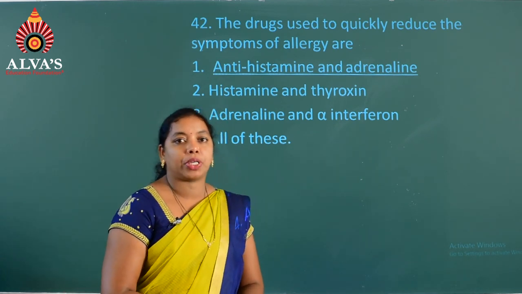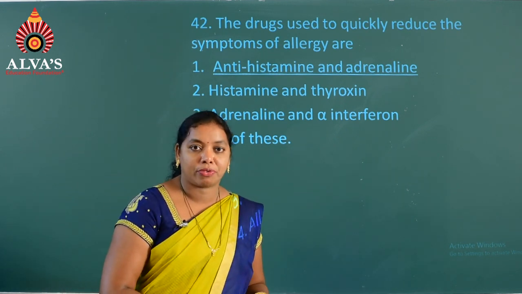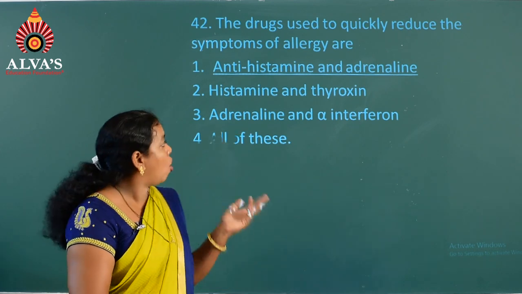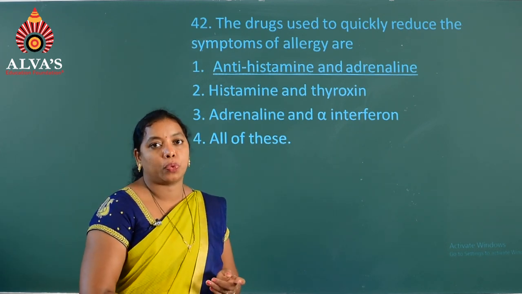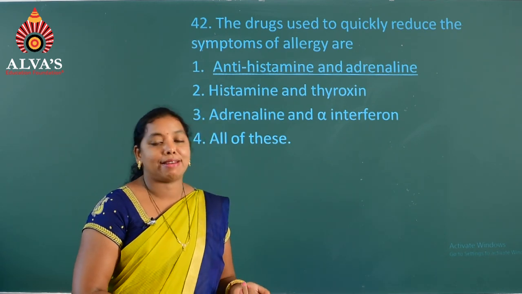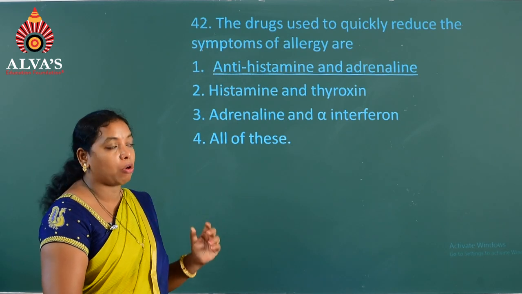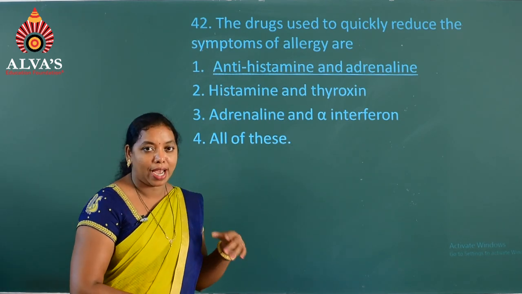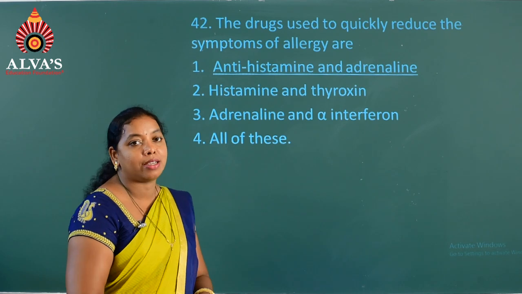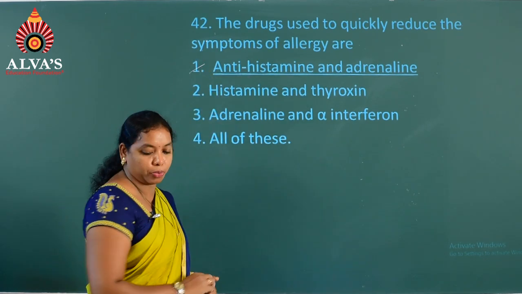Generally, during allergic responses, the drugs used are antihistamine or adrenaline, whereas histamine is the substance which causes allergic responses. So by differentiating properly, we have to stick to the first option, antihistamine and adrenaline, as the right answer. So question number 42 has the first option as the answer.